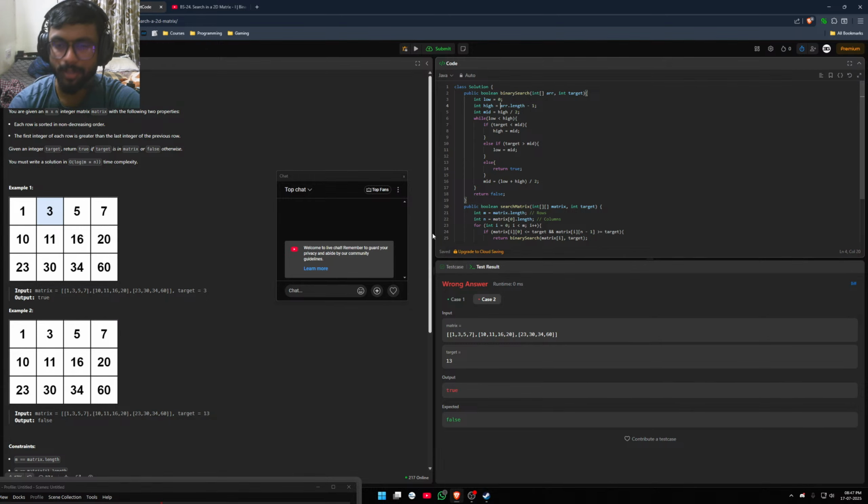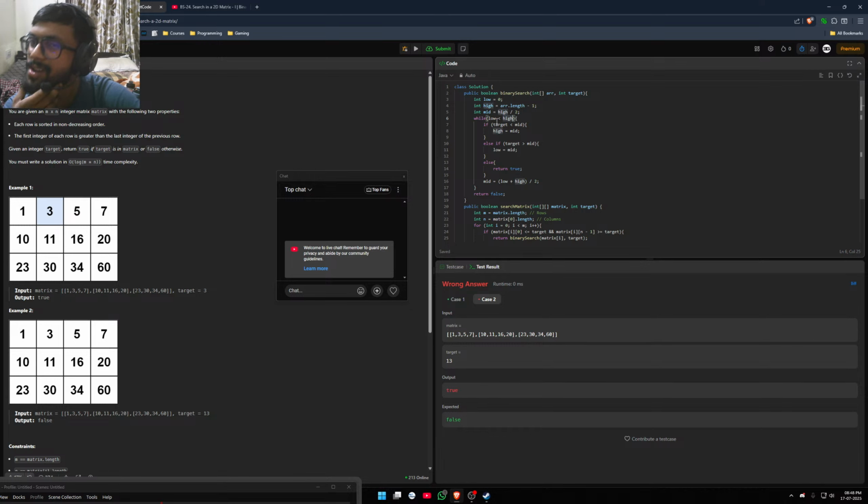So low is 0, and high is 3. So while low is lesser than high.